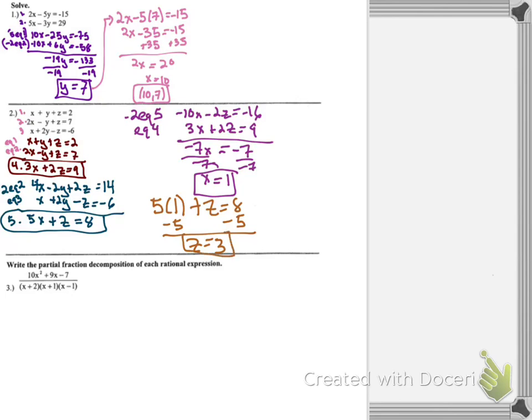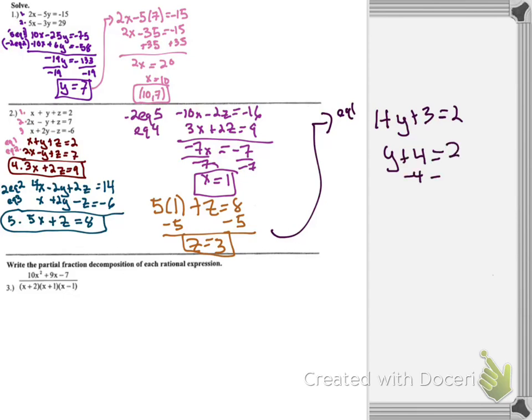I'm going to finally try to solve for that last one. I can take any of my first 3 equations. So I'm going to substitute into equation 1. So inside equation 1, I have 1 plus y plus 3 equals 2. I get y plus 4 equals 2. Subtract 4 over. y equals negative 2.